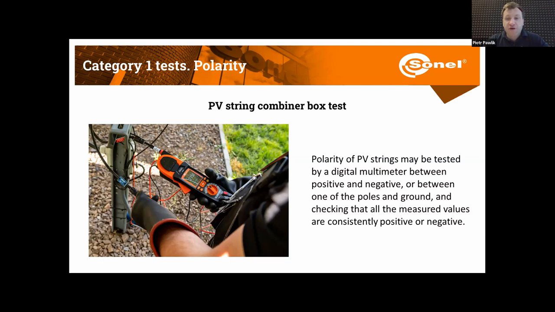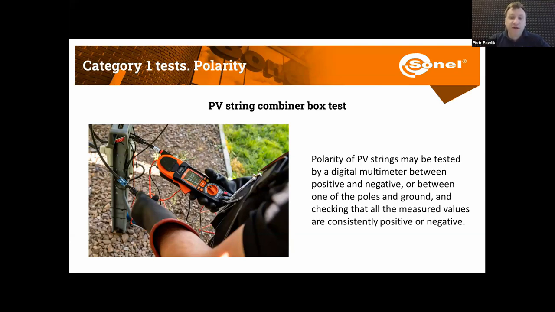Then we measure the open circuit voltage on the first string, positive to negative, and this will be our reference value. Then we leave one lead on the positive pole of the first string, and connect the other test lead to all the other positive poles of the strings.